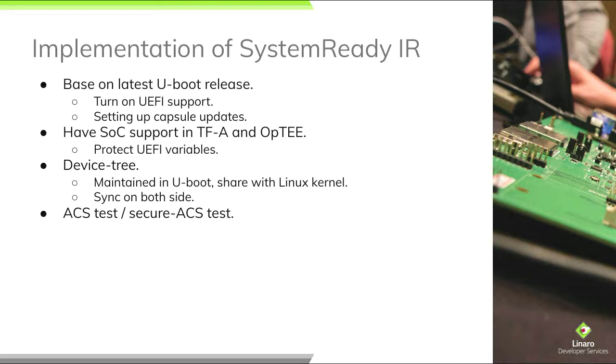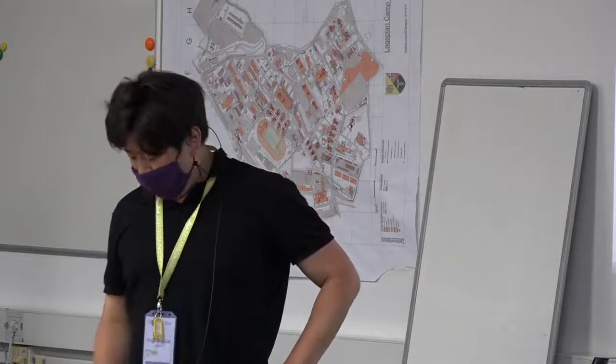Also, please update your TF-A and UPT to the latest versions. Of course, to pass the certification, you have to run this test. This tool is provided by ARM. If you have questions about details, and I know there are always details, and you really need help, Linaro can help you. Thank you.